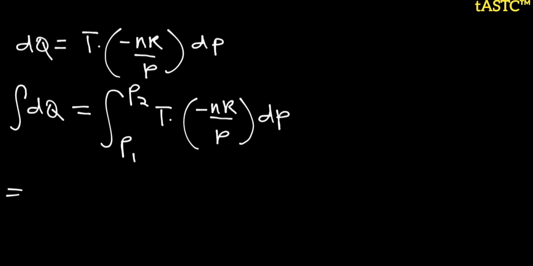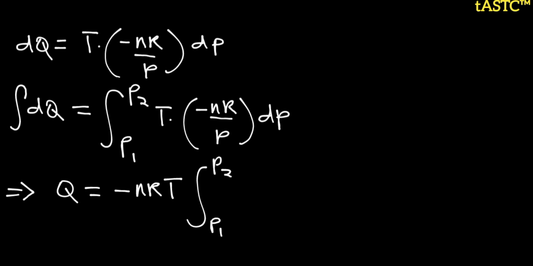Now if I integrate a differential, it would change from the differential form into the natural or real form. Now we have T over here and negative nR as constants, so I'm just going to take them out. That will be minus nRT, and then I'm going to have the integral from P1 to P2 of 1 over P dP.